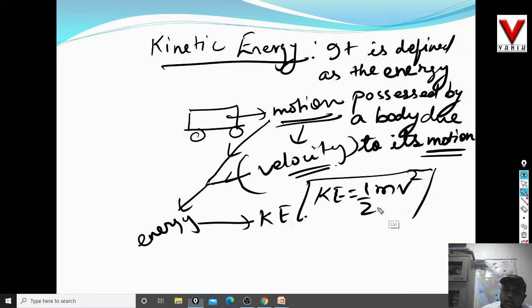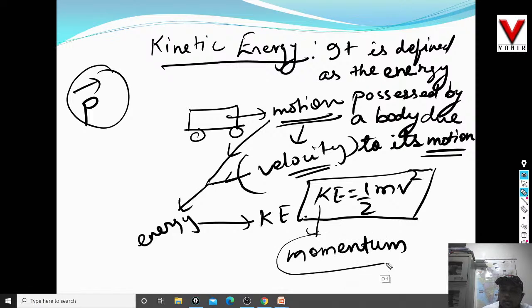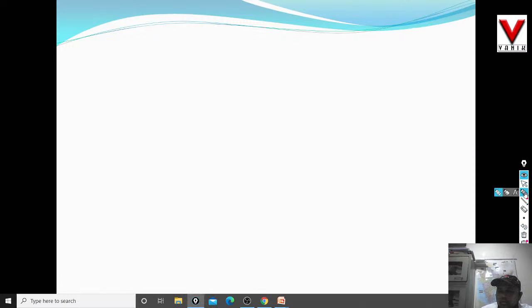By this time it is, I think, clear to you all what is called momentum. Yes, we have dealt with momentum in Newton's laws of motion. So I can write this kinetic energy in terms of momentum as well. Kinetic energy is half into m v square.